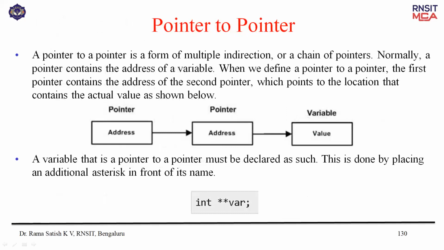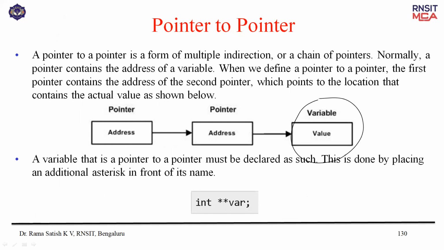Next, pointers to pointer. From here onwards, actually, I have not handled this. It was not there yesterday also due to a network issue, so I missed it. Now you can see pointer to pointer. Normally, you have a variable, and this variable's address is assigned to one pointer.